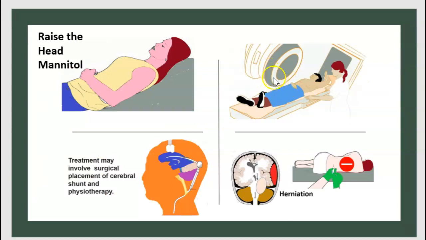Scanner or MRI, raise the head and mannitol. Treatment may involve surgical placement of cerebral shunt and physiotherapy. Risk of herniation over 20 millimeters of mercury.